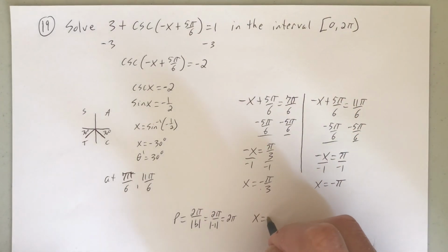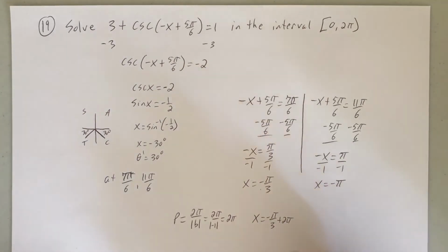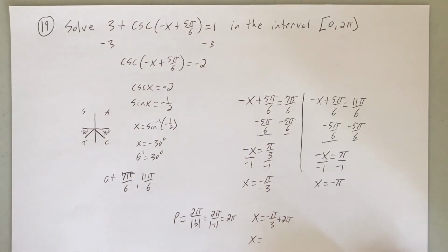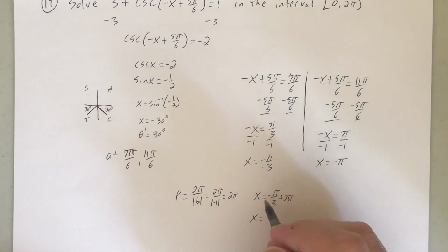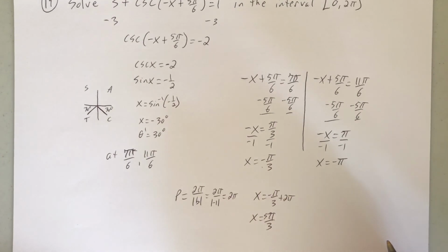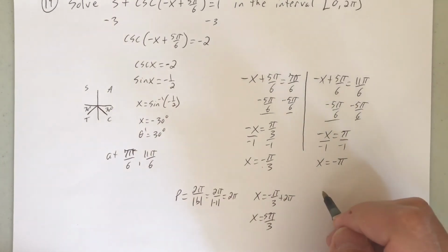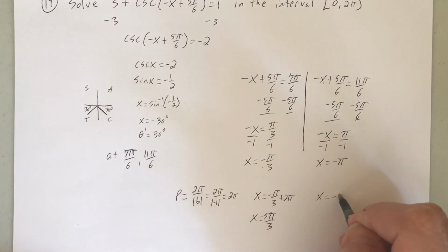So I'm going to go ahead and take this first one. So x is equal to negative pi over 3 plus 2 pi. And when I do that, that gives me 5 pi over 3. So 5 pi over 3. And then over this side, x is equal to negative pi, I'm going to add the 2 pi here.